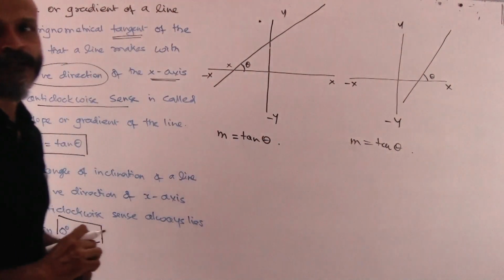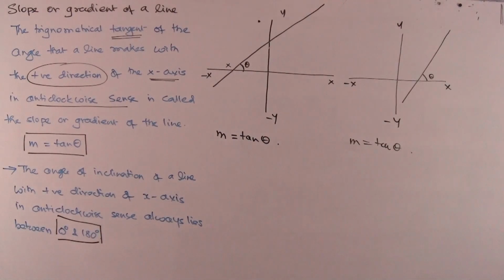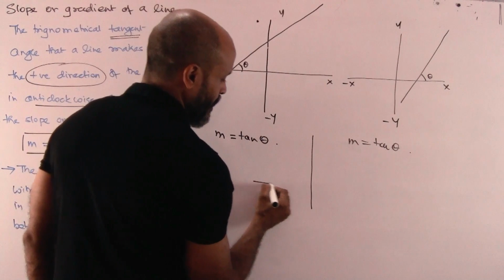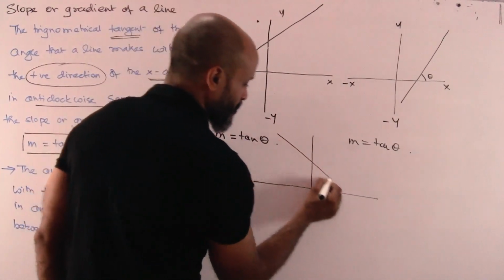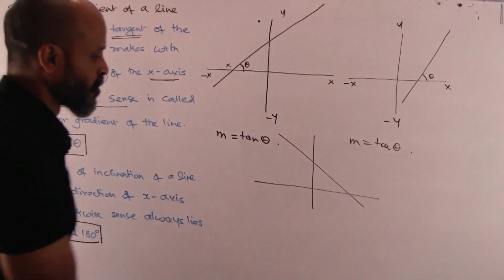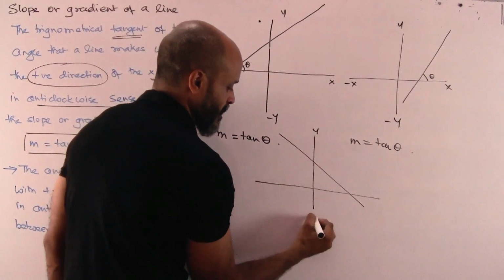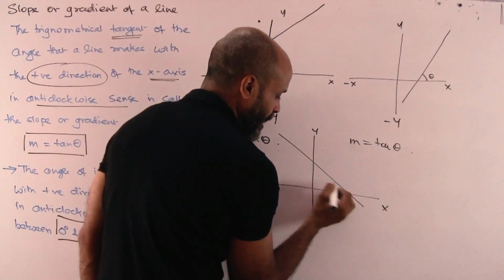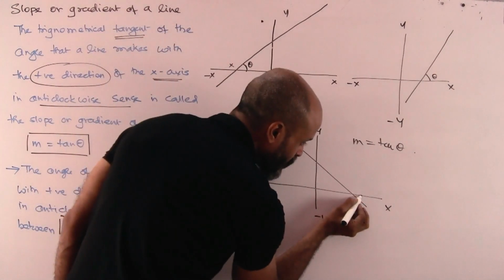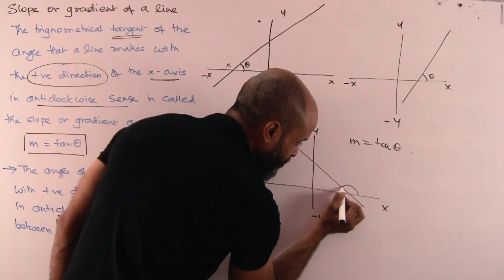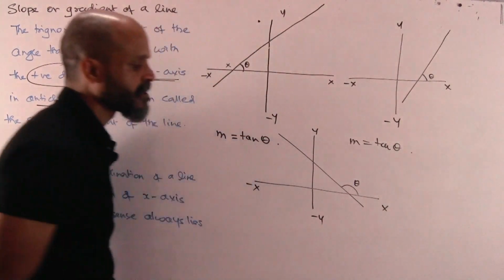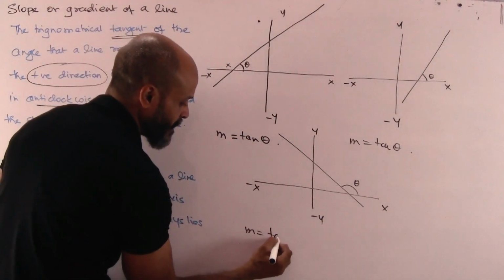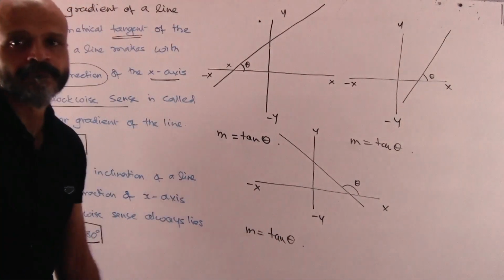Now, let us say the line is basically passing like this. Let us say this is the positive part, minus y, this is minus x, and this is x, and what do we need to refer to? We need to refer to the angle that the line makes with the positive direction of x axis. So, here m will again be equal to tan theta.